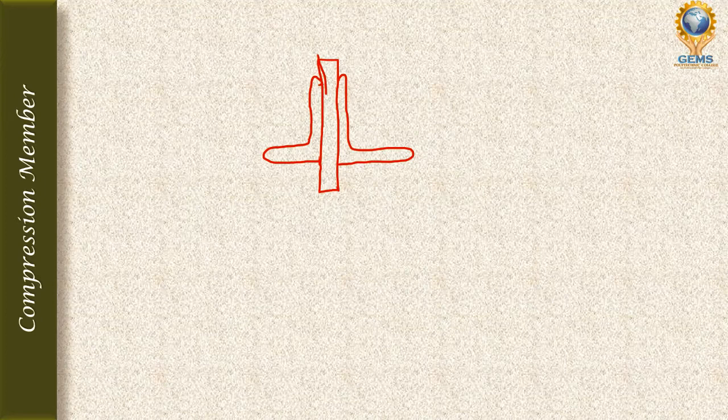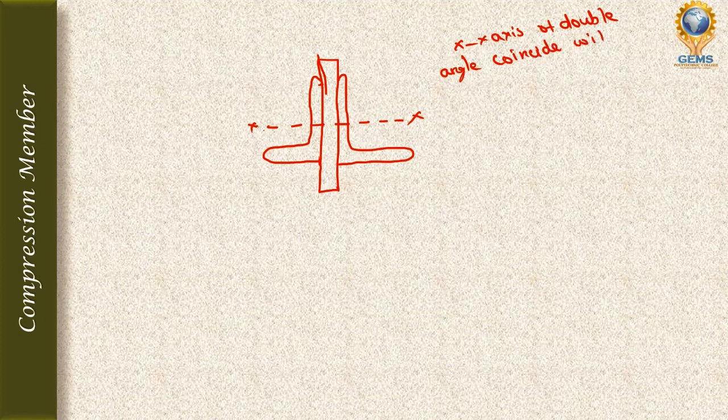So we know if both angles are connected in the opposite direction, the x-axis of double angle coincides with x-axis of single angle.